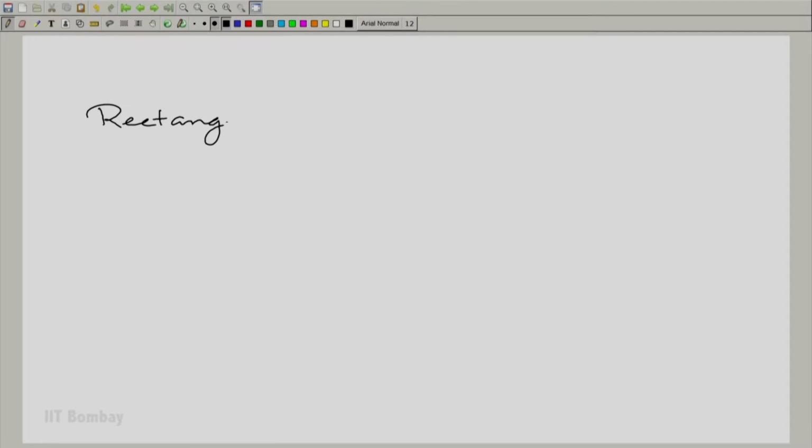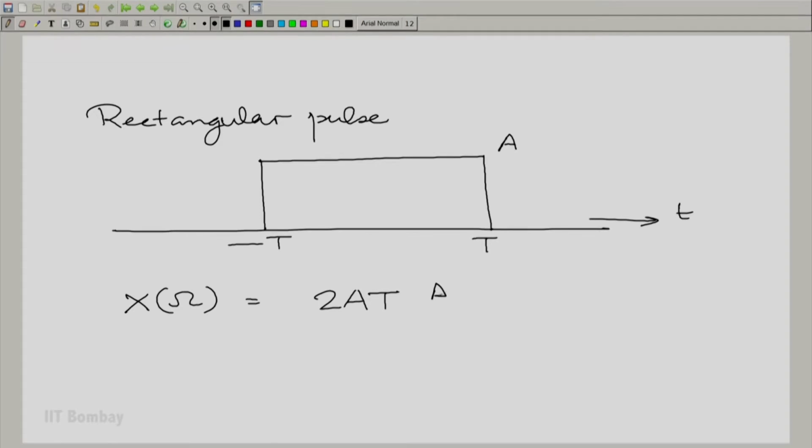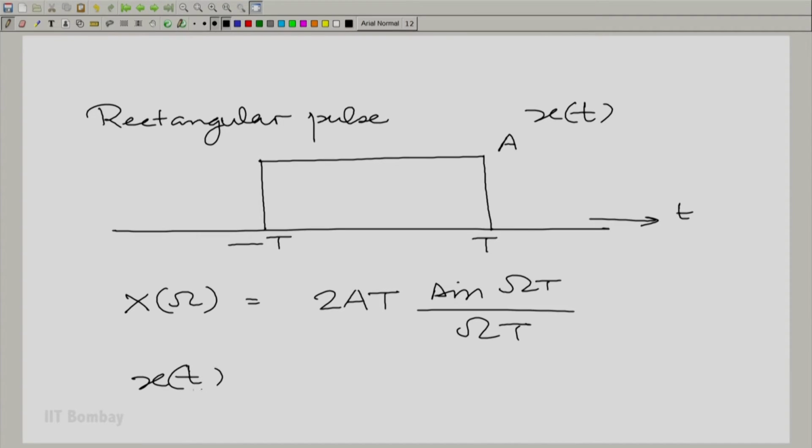So, in fact, let us take the very same rectangular pulse that we had. Recall, it was of height a from minus capital T to plus capital T, and we had worked out its Fourier transform. Capital X of omega was 2aT sin omega T by omega T. So, here you have this rectangular pulse which I will call x of t, and this rectangular pulse had the Fourier transform capital X of omega given as above.